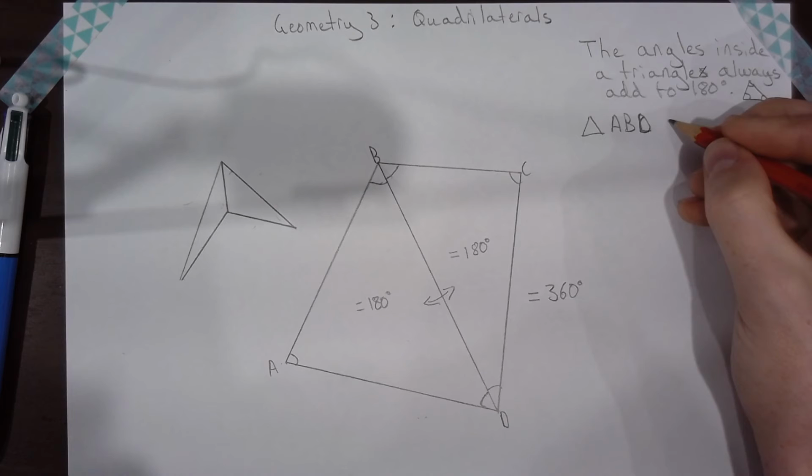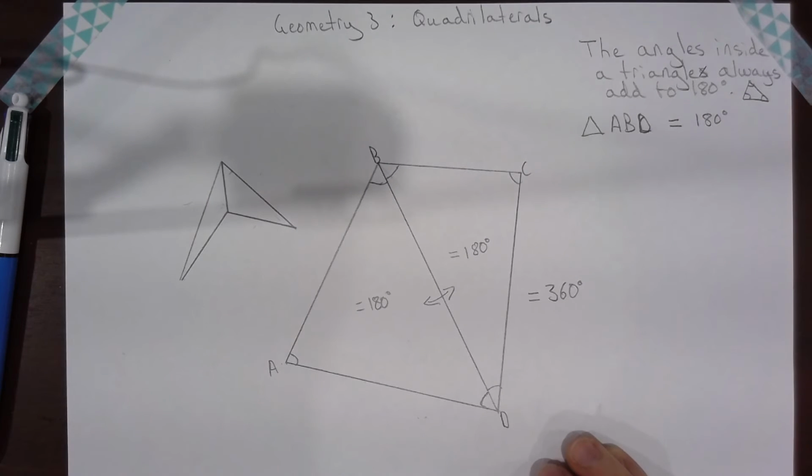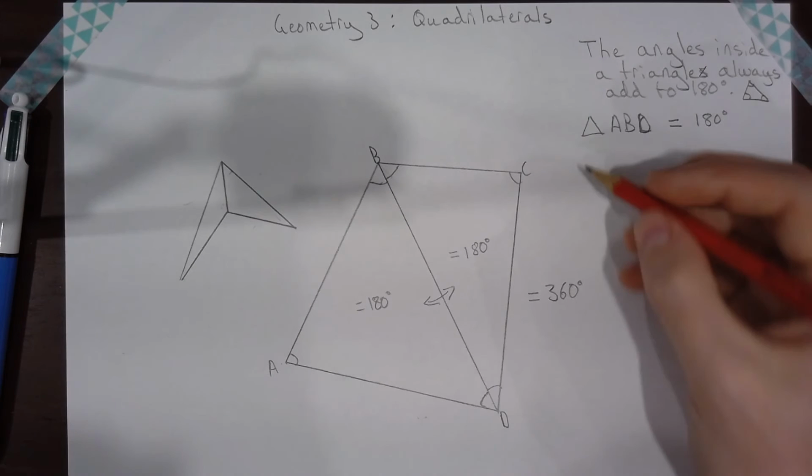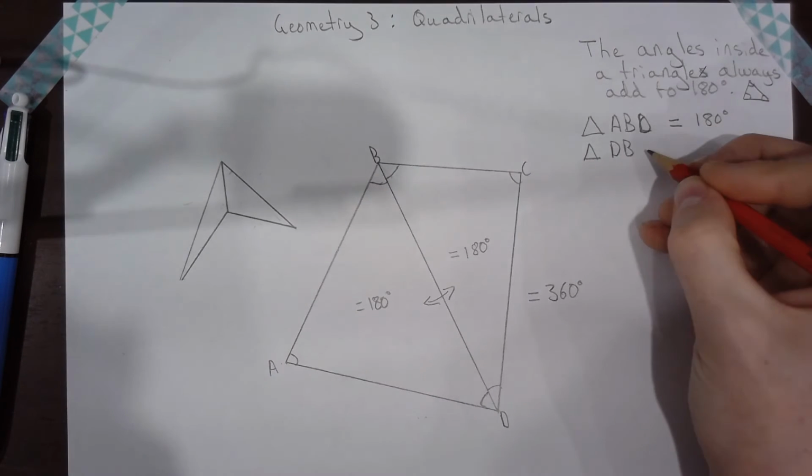And triangle DBC also equals 180 degrees.